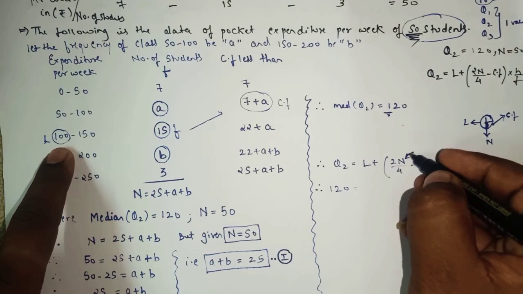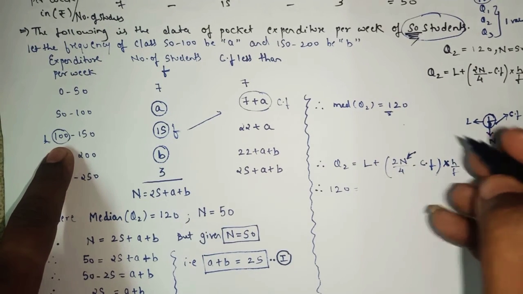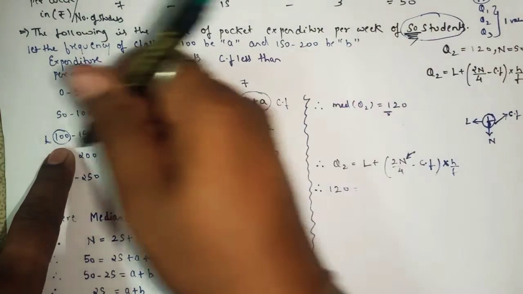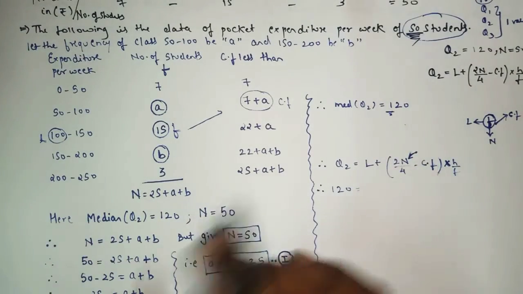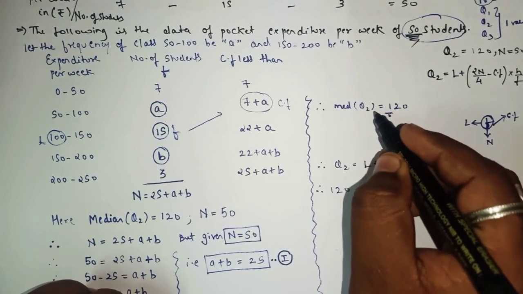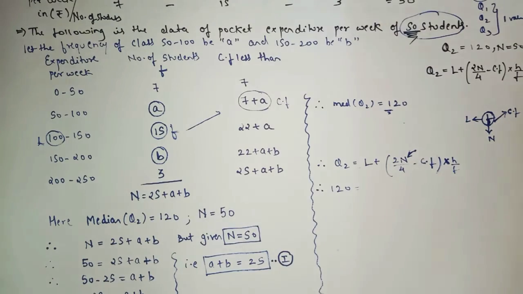So without using this 2n upon 4, and then checking in cumulative frequency where it lies, whenever we have to find the missing frequency, there is no need of doing all these things. Just simply check where the value of Q2 lies, as now it lies in the 100 to 150 class.